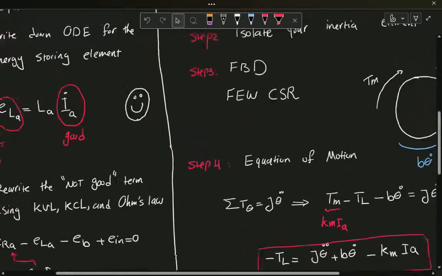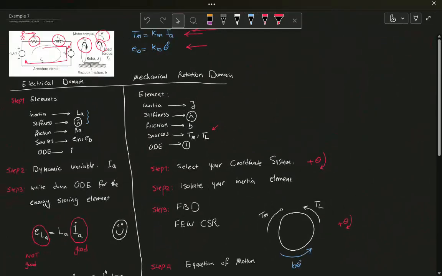Let's summarize. For modeling a DC motor, we considered two domains of energy, electrical and mechanical. The electrical one was dealing with the wirings and windings, and we used the lumped approach.